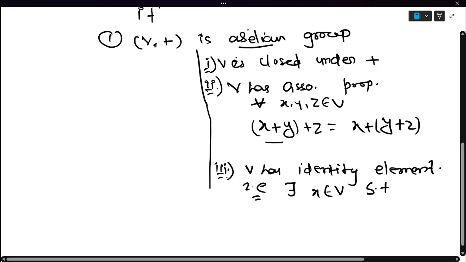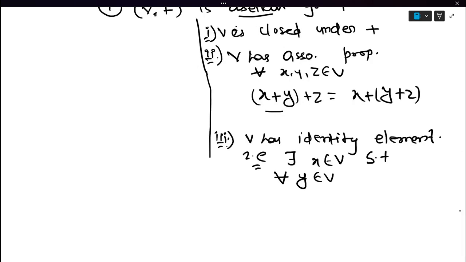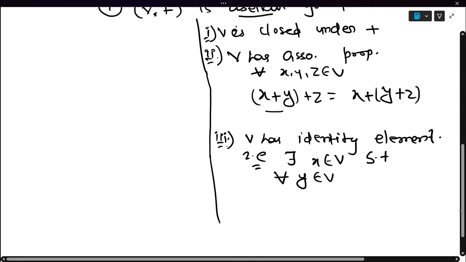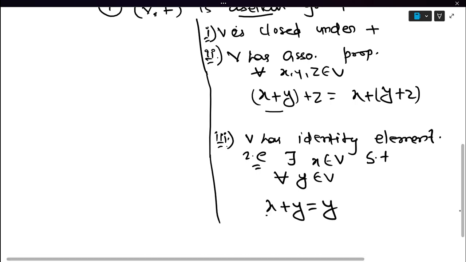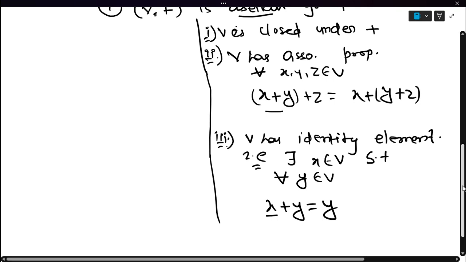If we take x belonging to V, then for all y belonging to V, we should have x plus y equal to y. Then we say x is an identity element of V.